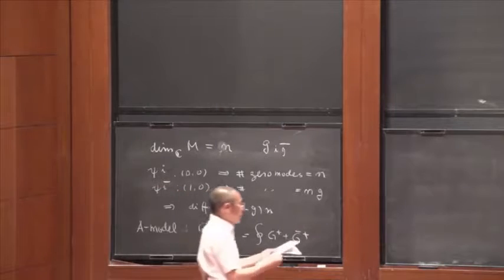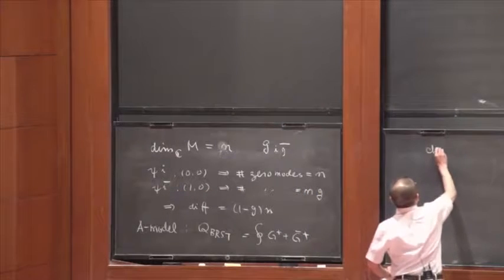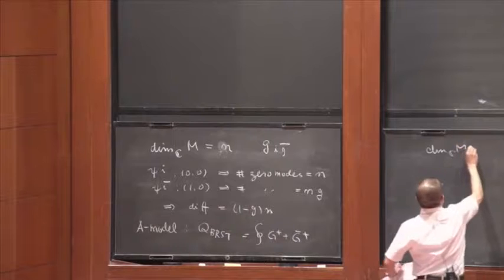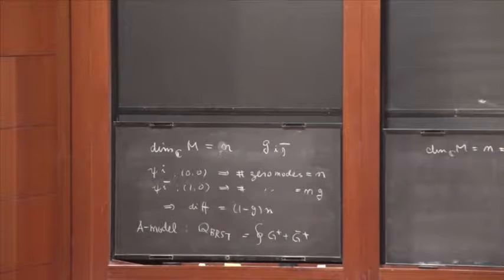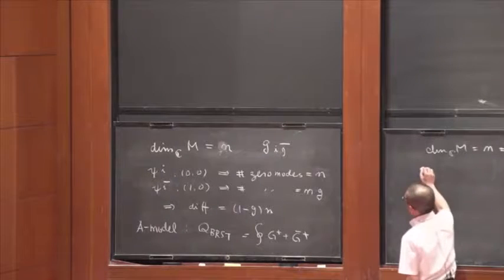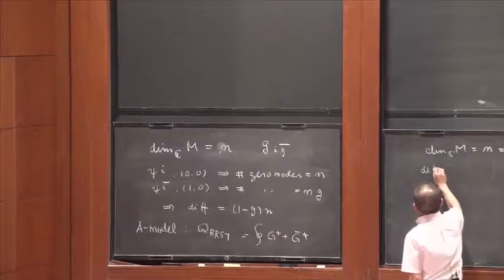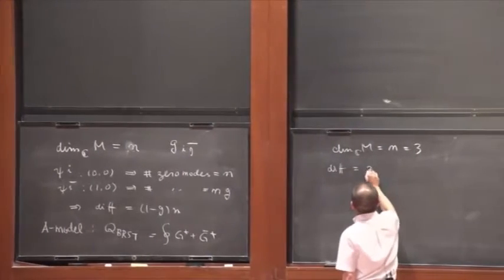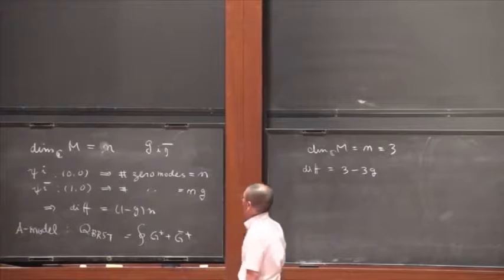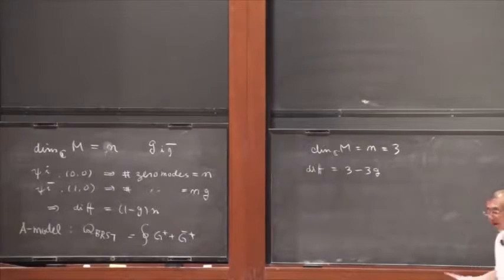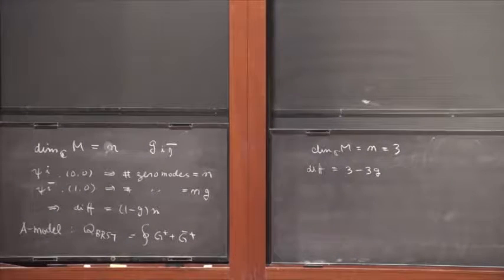I said that when the dimension of Calabi-Yau is 3, something special happens. One thing that is special is that in this case, the number of zero mode difference is going to be 3 minus 3G. So you have a total net amount of zero mode number difference of this amount.